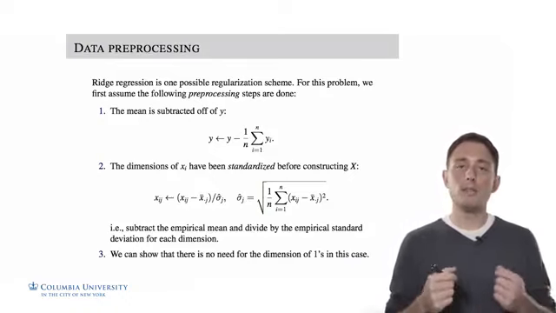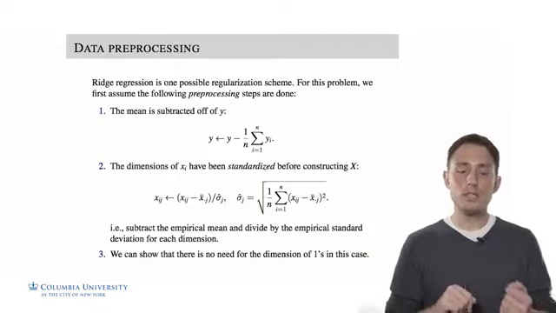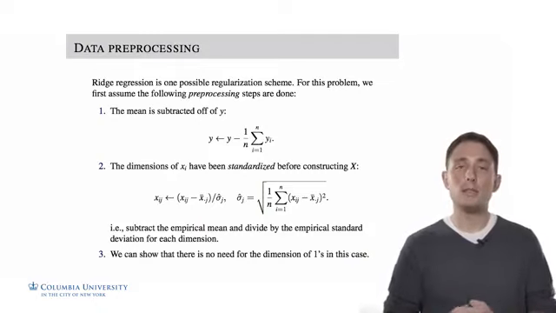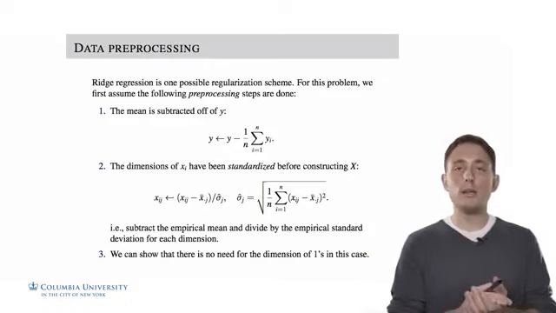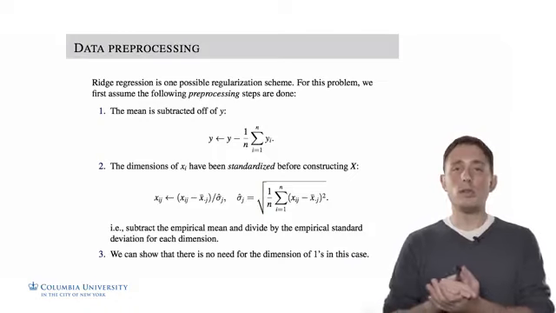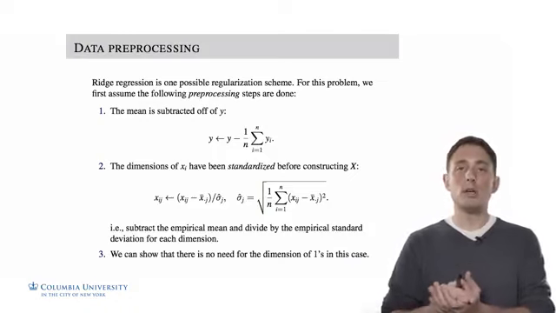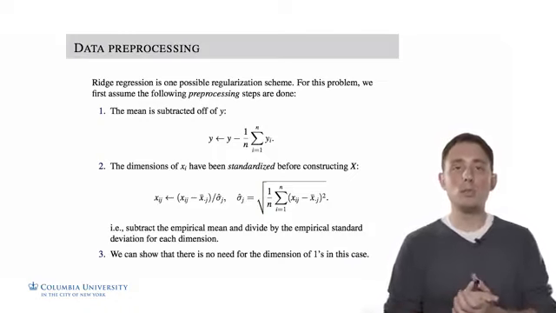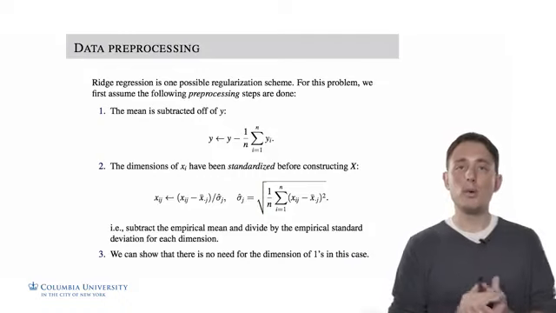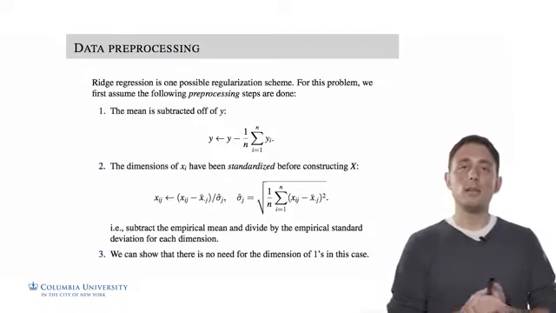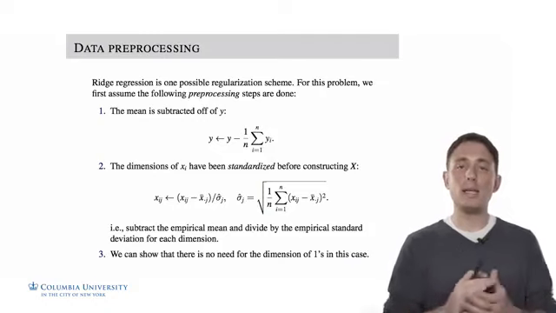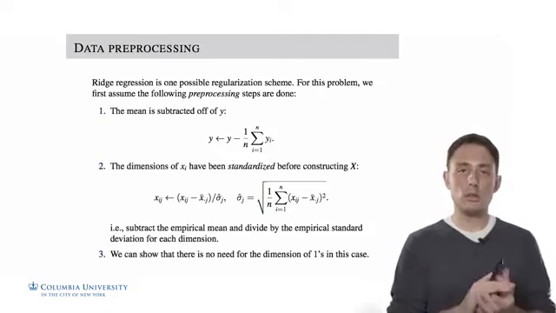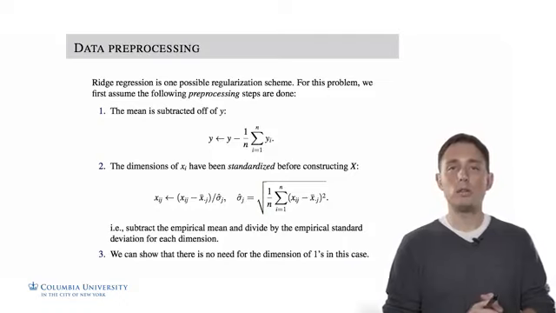However, if the scale of the dimensions of the matrix X is different, so if one dimension has values that range between 0 and 1 in general, while another one ranges between 0 and 1,000,000, but you think that those two inputs are equally important, then ridge regression is going to penalize weights on the dimension that takes smaller values.